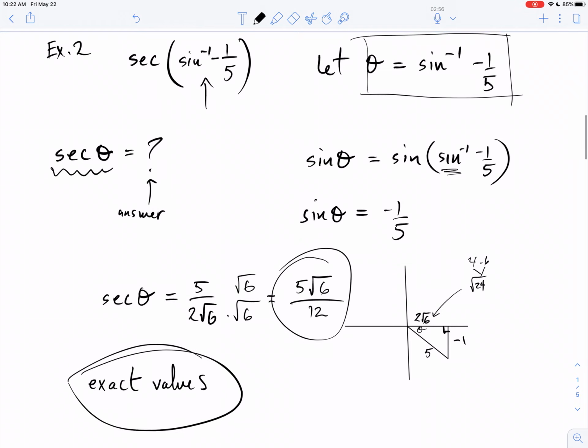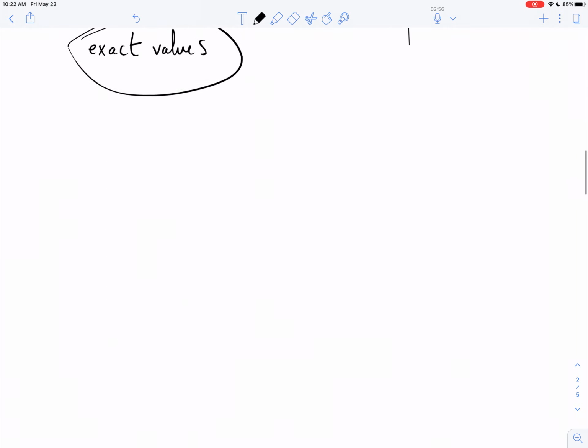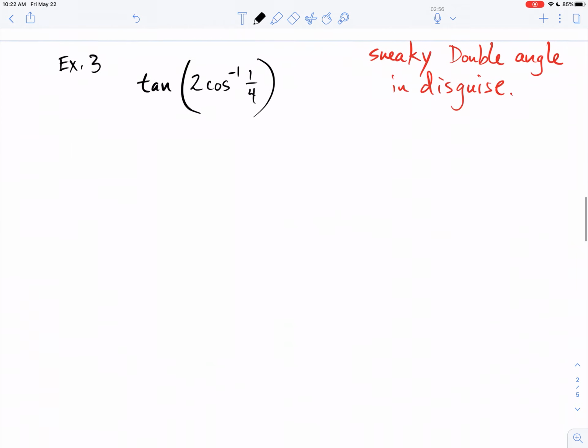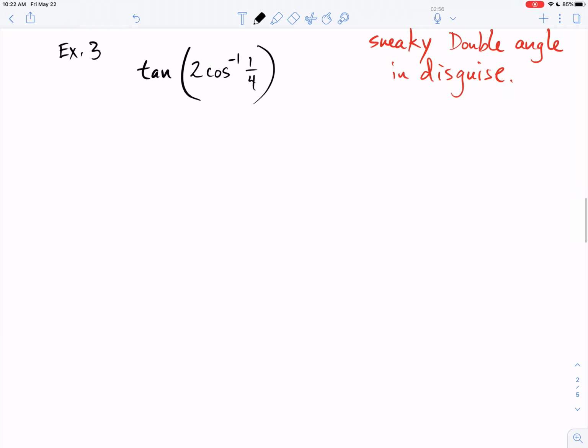Here we go. Let's look at another example, but this one is sneaky, I got to tell you. This is a sneaky double angle in disguise. See, normally I would start off and say, oh, let's just call this whole thing right here theta.